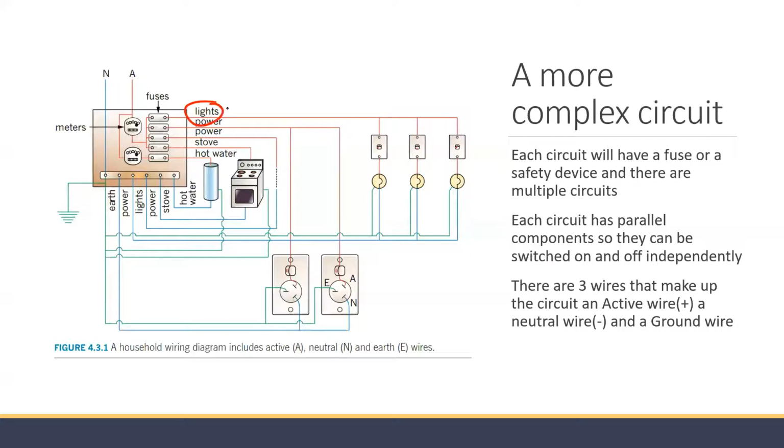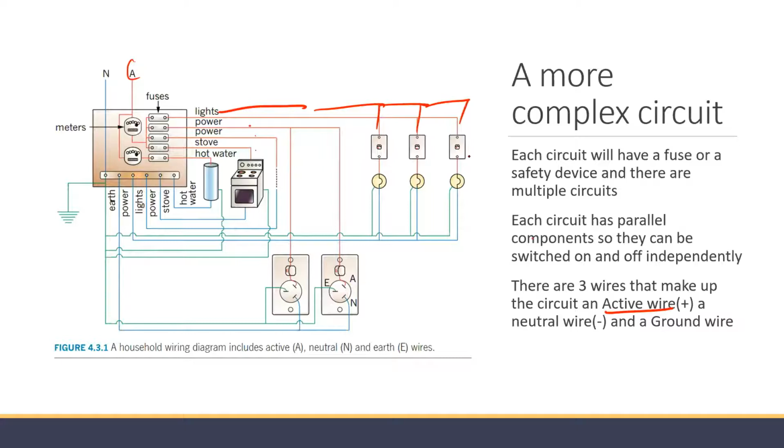We've got this lighting circuit here, and that has this big red line, which represents the active wire. This is parallel to the power circuits and the stove. They're all parallel circuits. Each circuit has parallel components, so they can all be switched off and on independently.